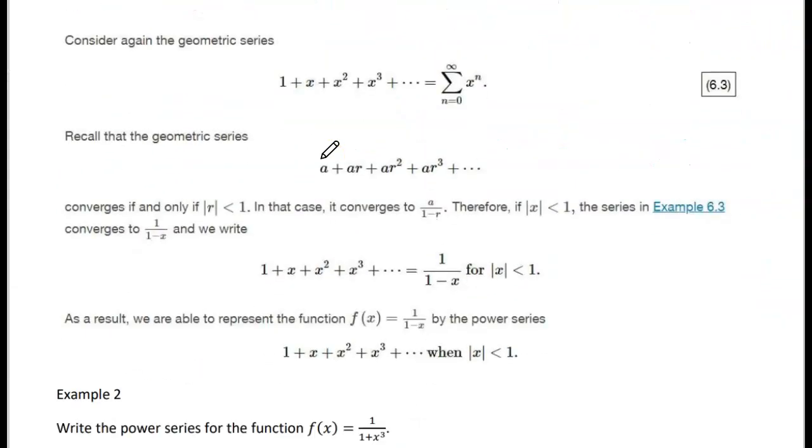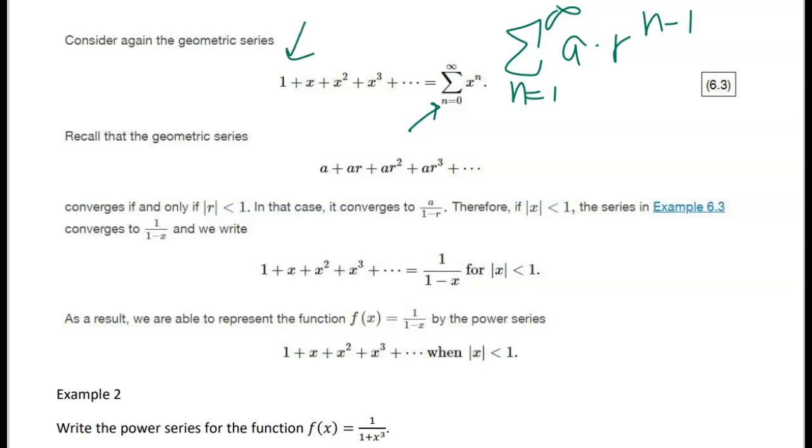All right, so let's look at geometric series again, where we have r to the n. Now remember our geometric series, when we learned this, we said n went from 1 to infinity, and it was a times r to the n minus 1. Now if I fix this a little bit, notice if I let n equal 0, it moves things back, so that way I have r to the 0 first.